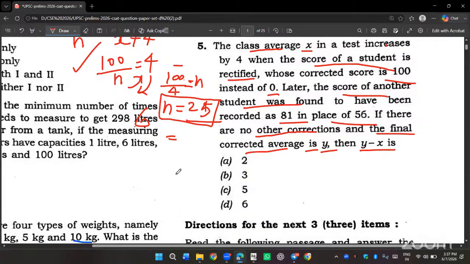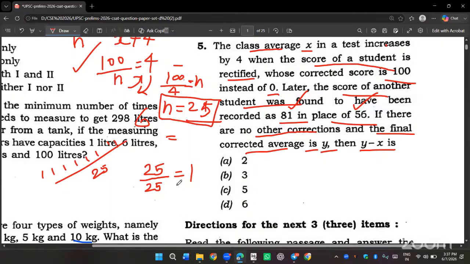So here, instead of 56, we have given 81. So if I reduce that, 25 marks will reduce from that student. But in average, 25 marks divided by 25 students we have to take. So in average, it will be 1 mark. 1 mark will be reducing.